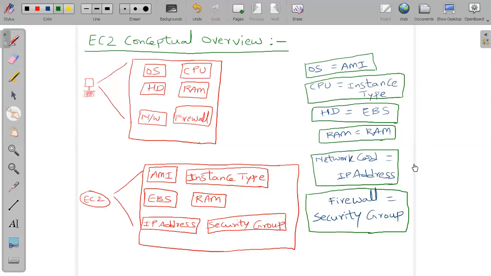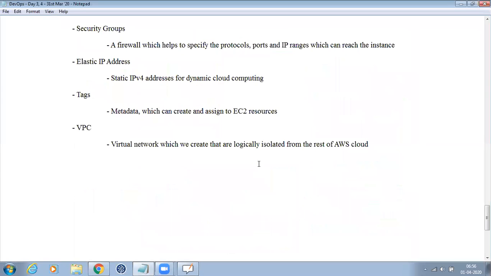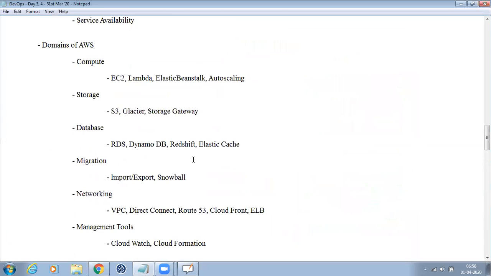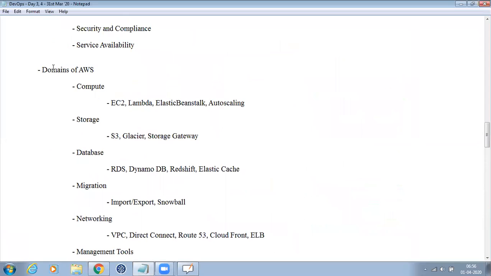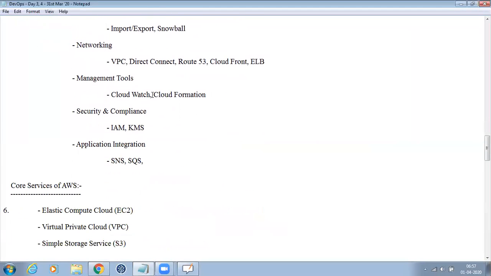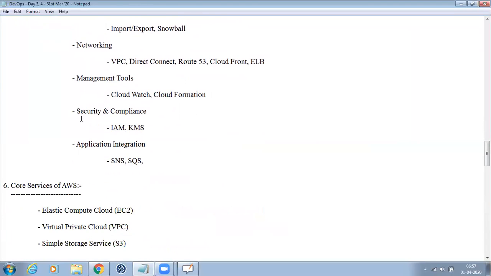Okay, so come to our notepad. We have understood what the domains of AWS are and the categorizations, and in each category what the different services are. There are many. I cannot give all 170 here, just some samples of services in every category, which we call domains.